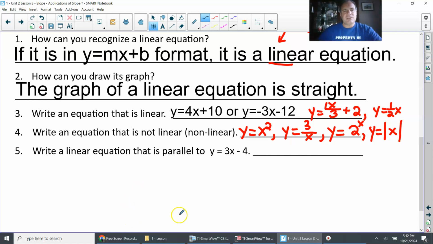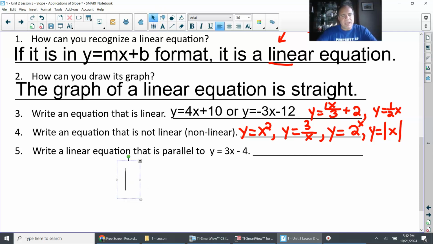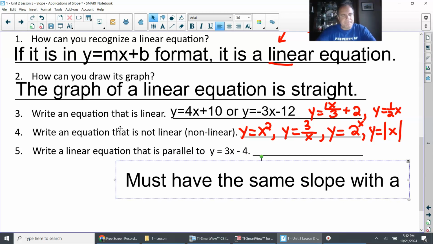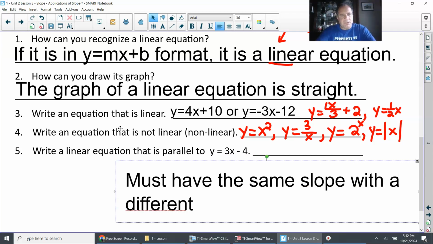Write a linear equation that is parallel to y equals 3x minus 4. Y equals 3x minus 4. Remember, it has to have the same slope. It must have the same slope with a different y-intercept.